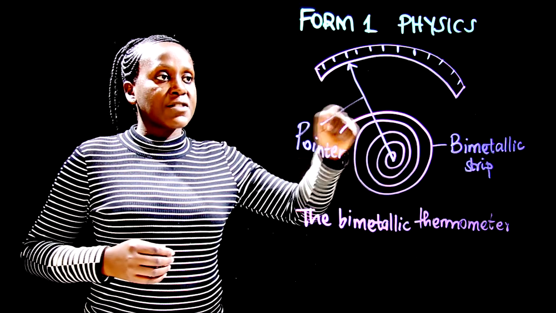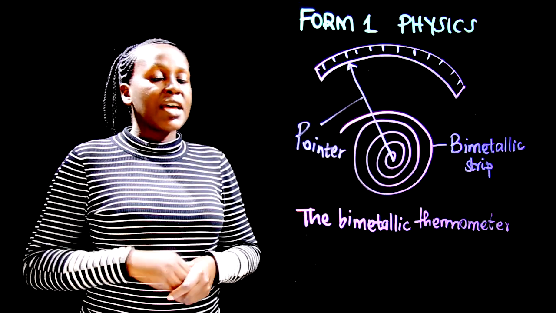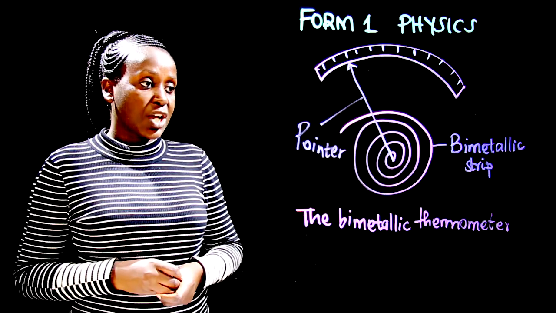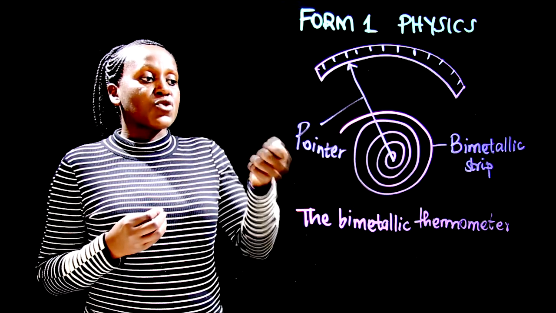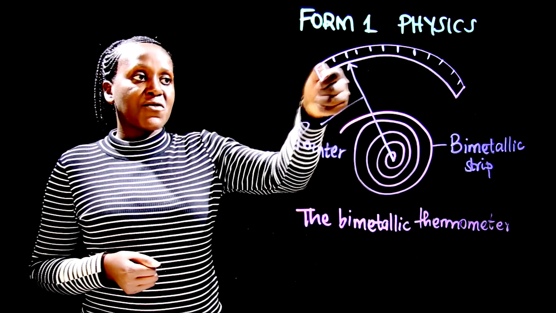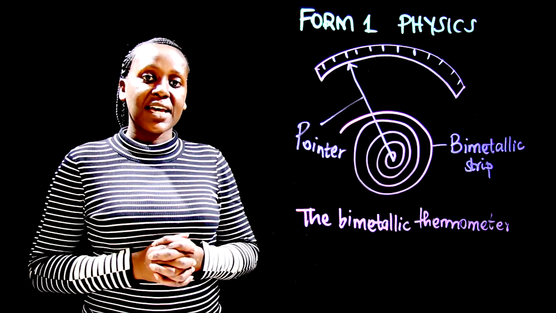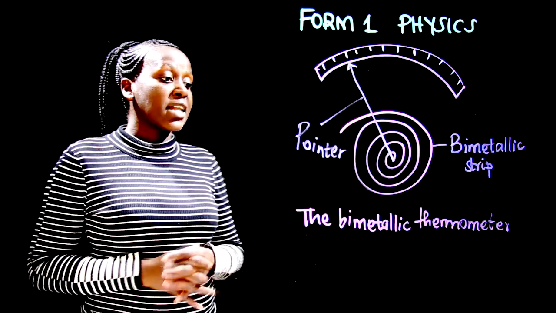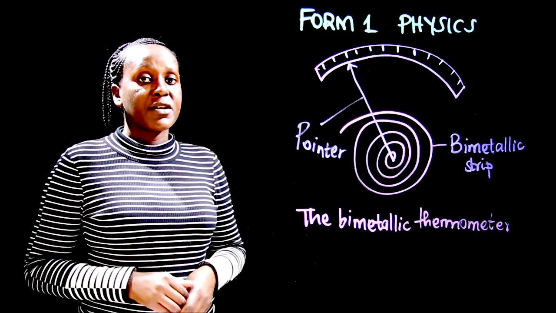As it curves, the pointer is able to move along the scale and show the required temperature. Then when the temperature is reduced, it begins to curl in the anti-clockwise direction and the pointer moves backwards to the required point on the scale. So that is how a bimetallic thermometer works. It works on the principle of the bimetallic strip.